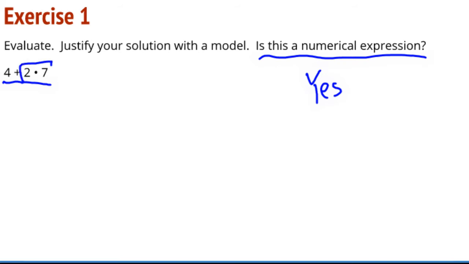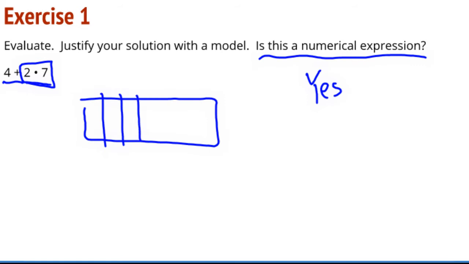I see that I've got a 2 times 7, and I know that I am going to do division or multiplication before I do any subtraction or addition. So I need to model the 2 times 7. 1, 2, 3, 4, 5, 6. So there are 7, and now I've got 2 times 7. So I've got that part.